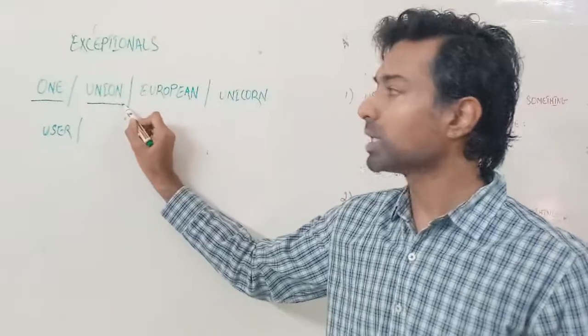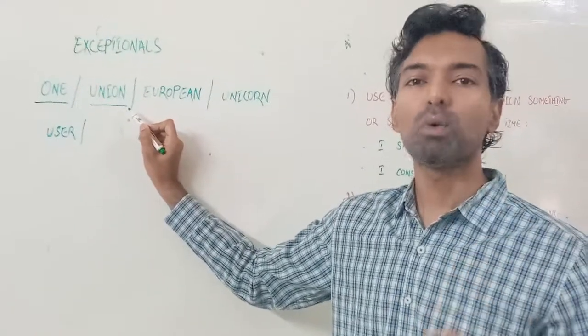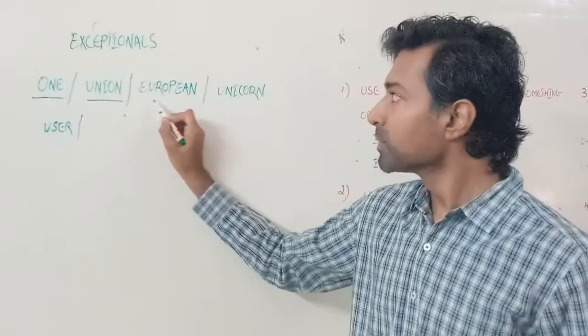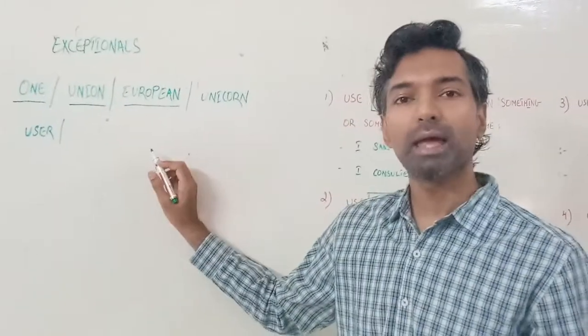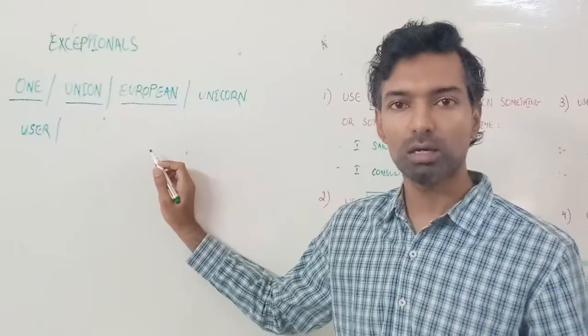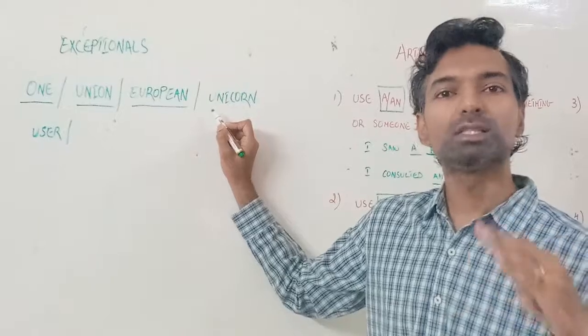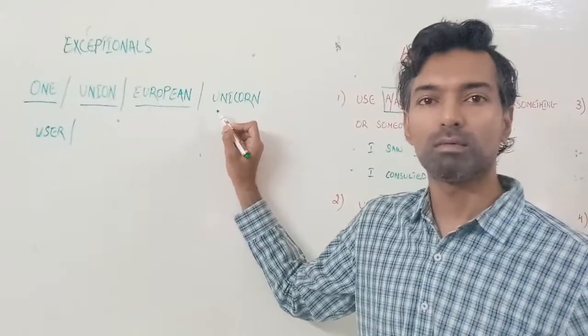Then union, year, it begins with a Y in a way. European, again year, Y again. The sound sits somewhere on the consonants, other than the vowels.